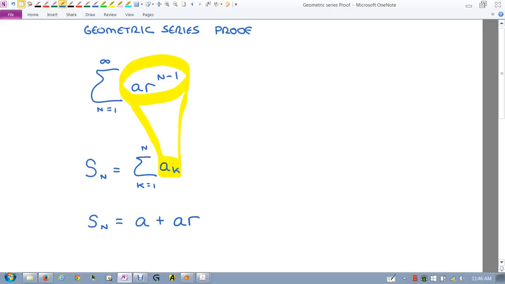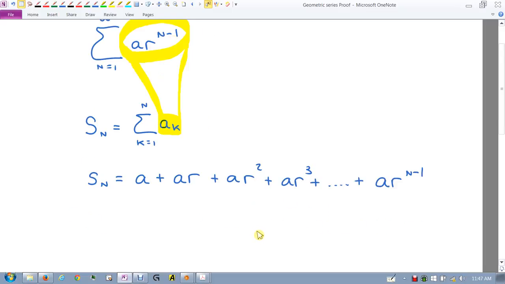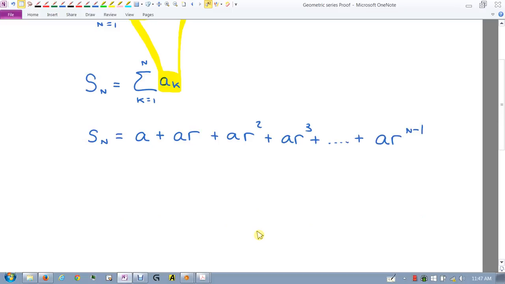AR. Plug in 3. Plus AR squared. Plus AR cubed. When do you stop? AR to the n minus 1, right? Because when you stop, you plug in n. I'm doing the nth partial sum, so I'm stopping it at n. If I plug n in for n, I get n minus 1. So everyone agree that that's what we're trying to find, the nth partial sum?